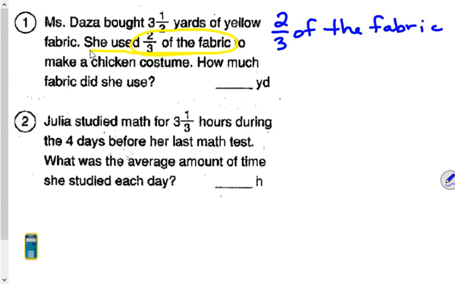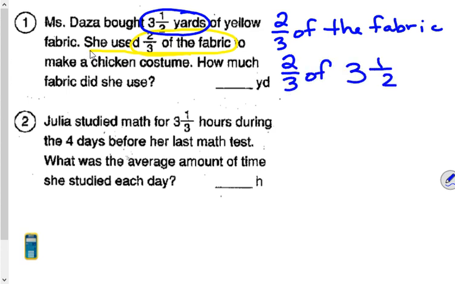So when we look at the fabric, what number we need for the fabric, there were 3.5 yards of fabric. So we're trying to find 2/3 of 3.5, which means 2/3 times 3.5 would be the problem that we need to do for that question.